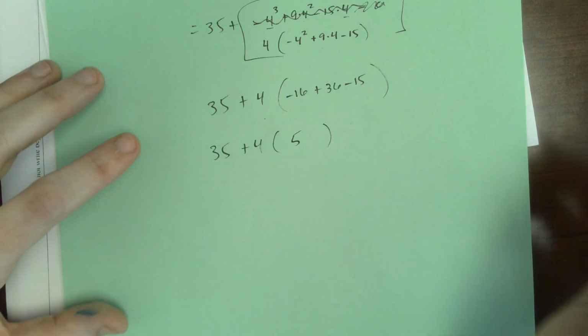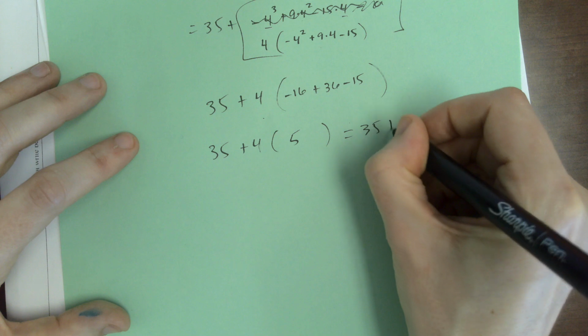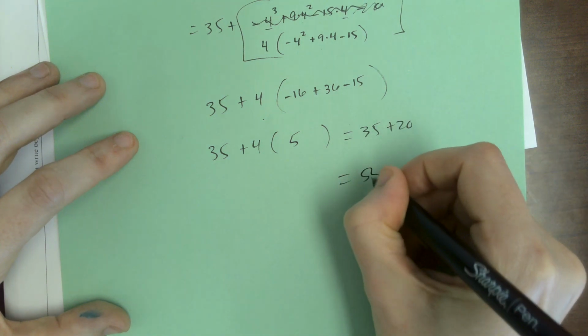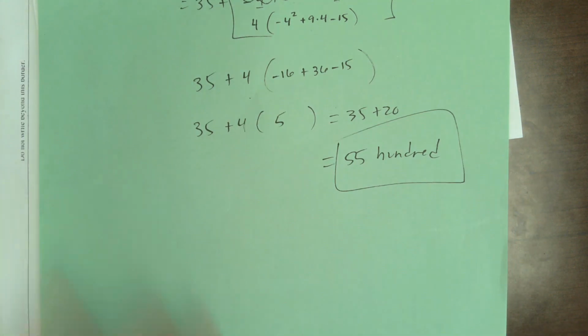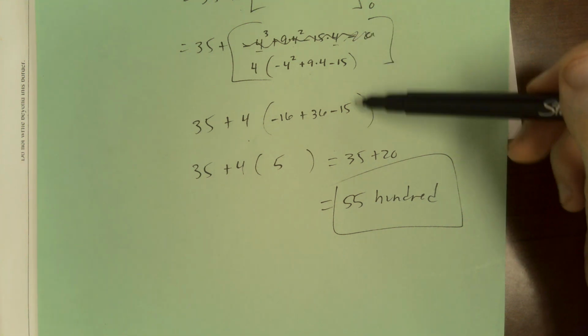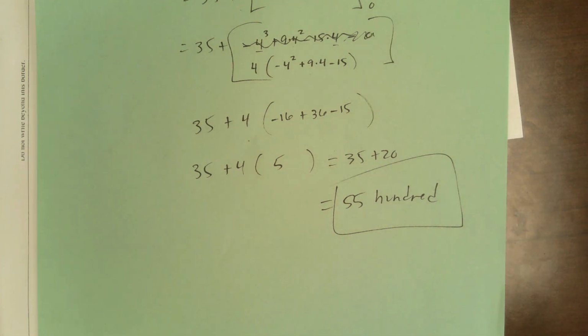That's 5. Okay, 35 plus 20, 5,500 bees at t equals 4. There we go. And guys, you didn't have to do the arithmetic like me, but I just wanted to show you. Algebra moves on numbers, it can be very nice.